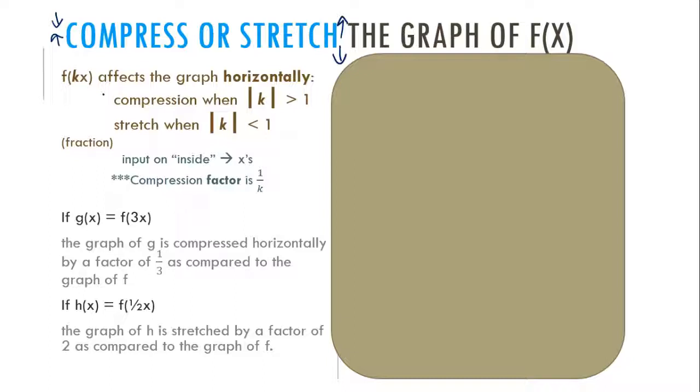So the first thing we're going to look at is how the graph can be compressed or stretched horizontally. Okay, remember horizontally is from left to right. We can compress or stretch the graph of f of x horizontally by having this compression factor k affecting the input or the inside of my function. I'm just looking at the x value inside of my function.